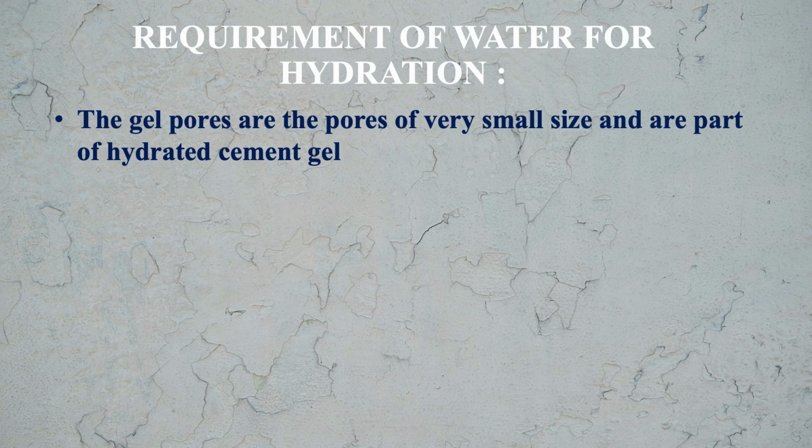Means the whole of this 38% of water will be required for the hydration process, as well as for the water which will be in the space of the gel pores. The gel pores are pores of very small size and are part of the hydrated cement gel. So these gel pores are now part of the hydrated cement gel.